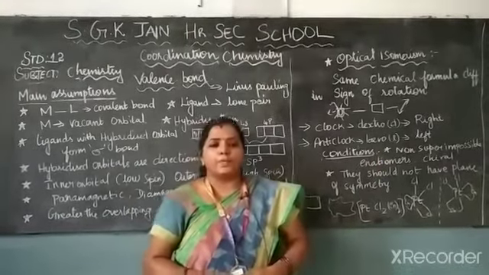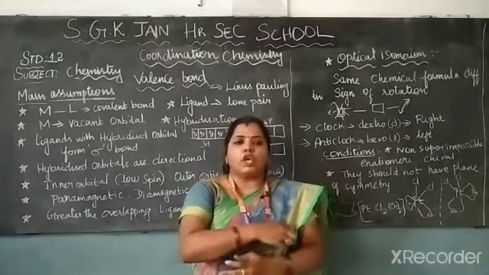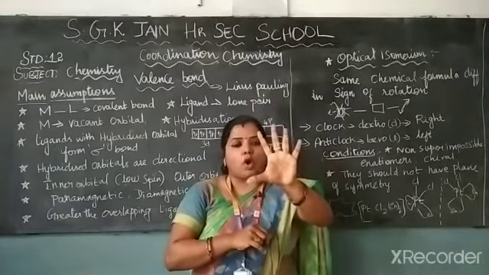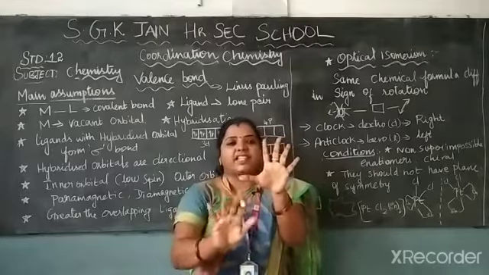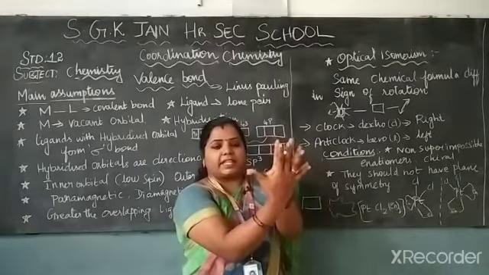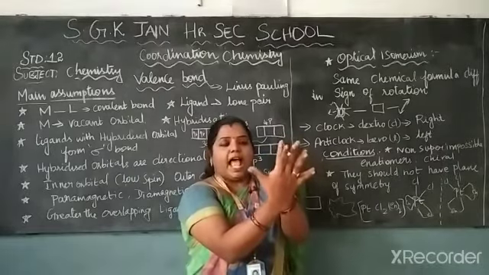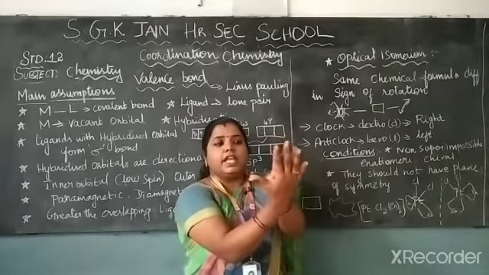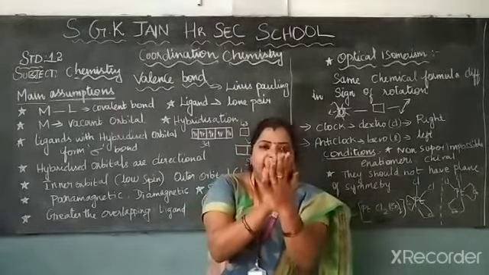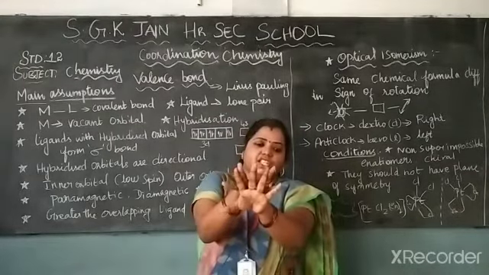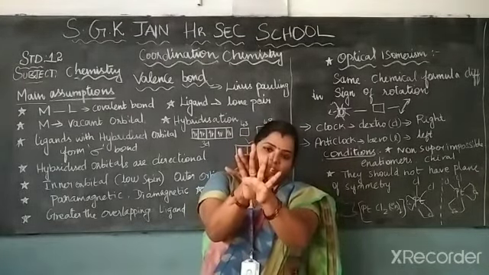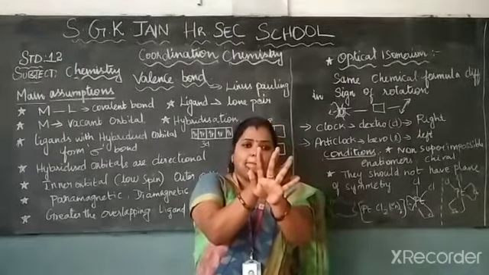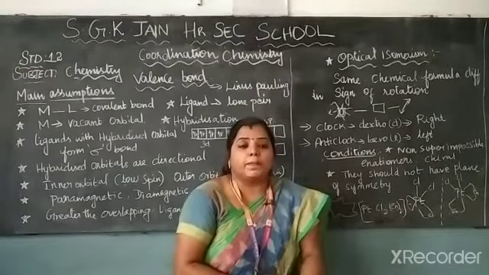What is the meaning of superimposable and non-superimposable? Take your hands. If you see the image of your hand in the mirror, and if it were the same type, the thumb should be placed on the thumb, and the index finger, ring finger, little finger, all the fingers should be placed exactly on the same fingers. That is called superimposable. But if it is in the opposite direction, the little finger on the right side on the thumb, the ring finger on the index finger, the middle finger and so on, they do not fit. That is called non-superimposable.